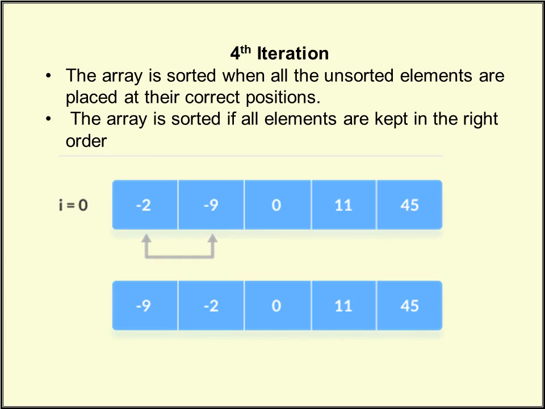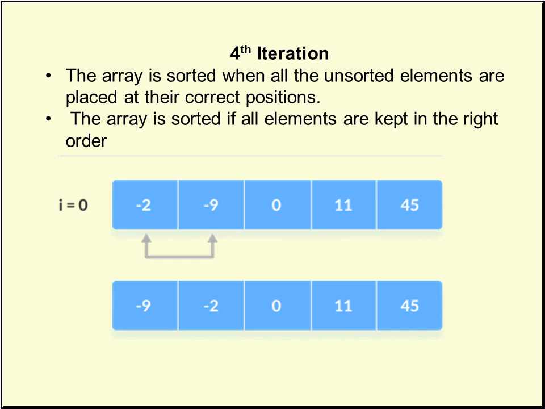We start the comparison in the fourth iteration from the first index value, that is -2 and -9. We compare -2 and -9 to check whether -2 is less than -9 or not. -2 is not less than -9, so swapping will occur and the index values of -9 and -2 will be changed.